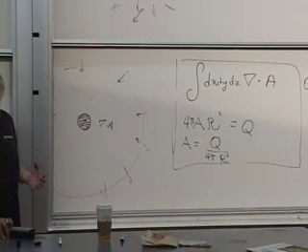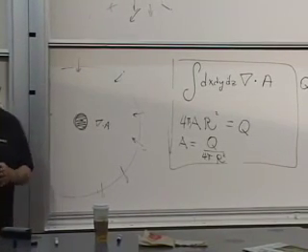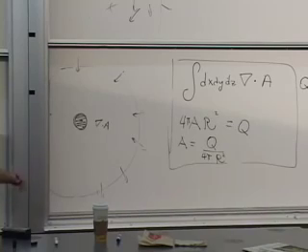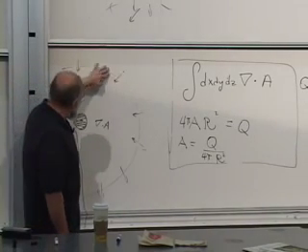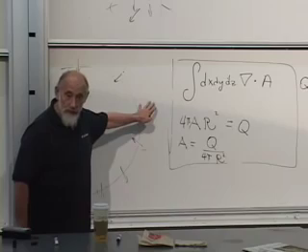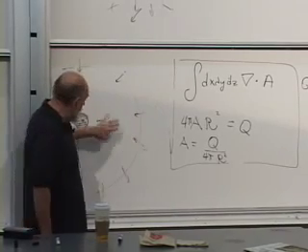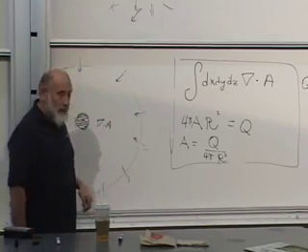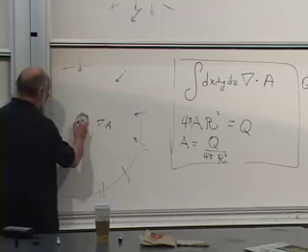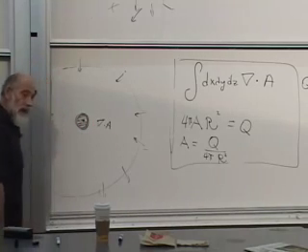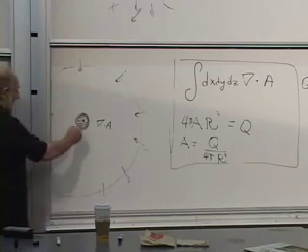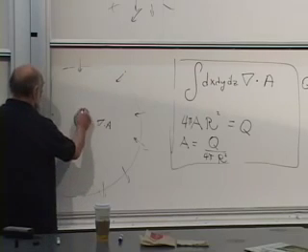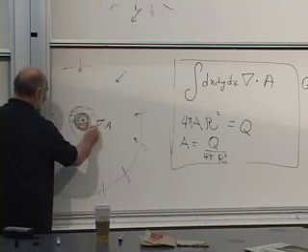This is Newton's theorem. Newton's theorem in the gravitational context says that the gravitational field of an object outside the object is independent of whether the object is a point mass at the center or whether it's a spread out mass this big.